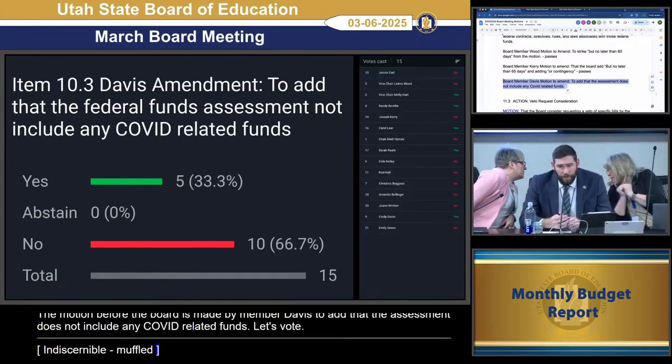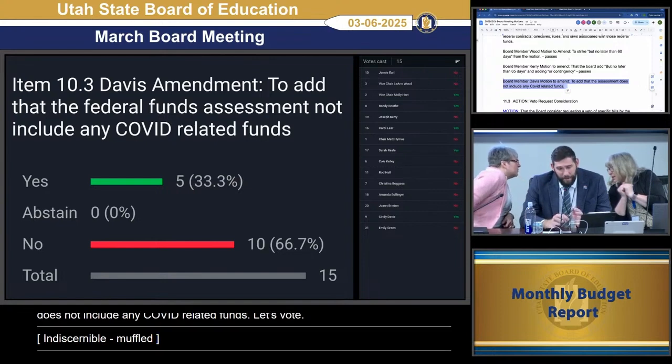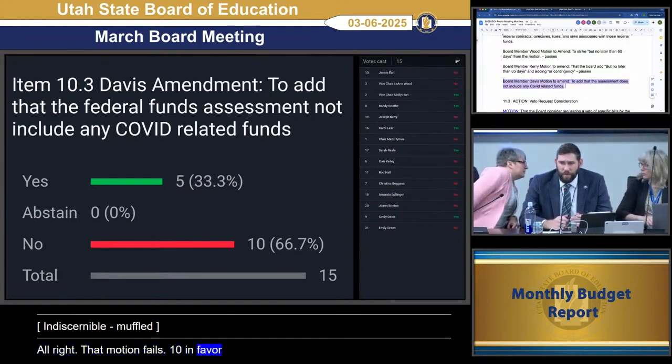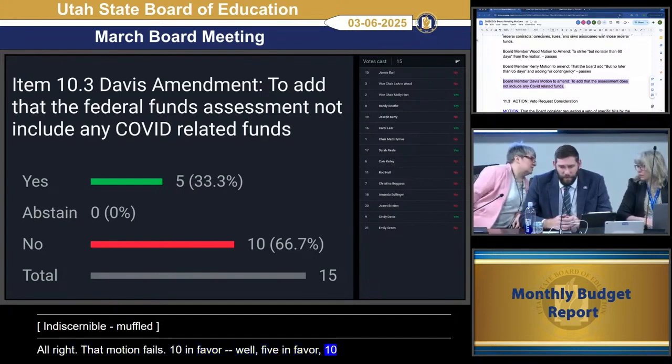All right, that motion fails. 5 in favor, 10 in opposition. Those in favor are Member Hart, Member Booth, Member Lear, Member Reel, and Member Davis.